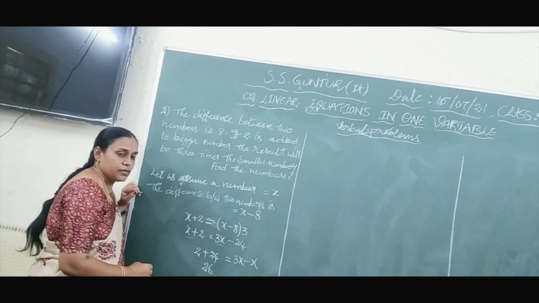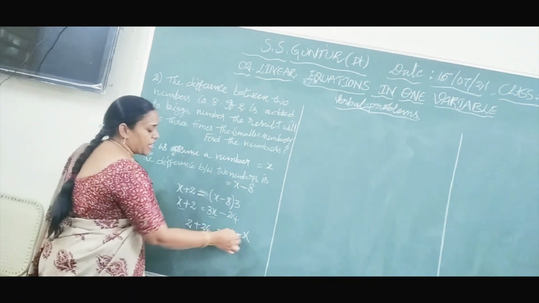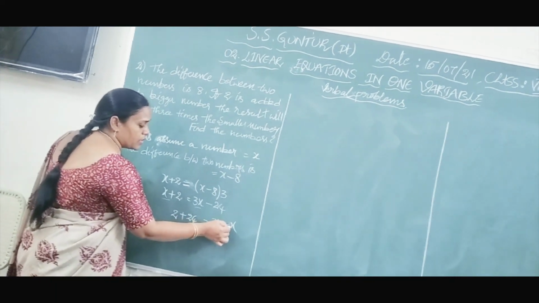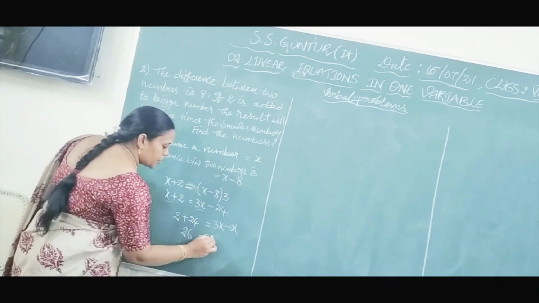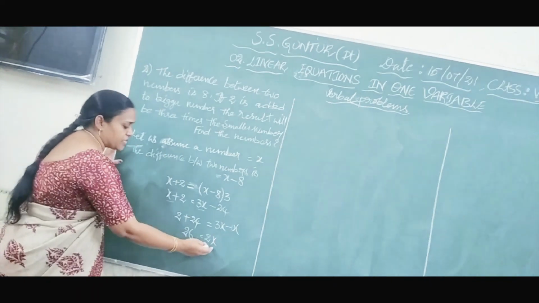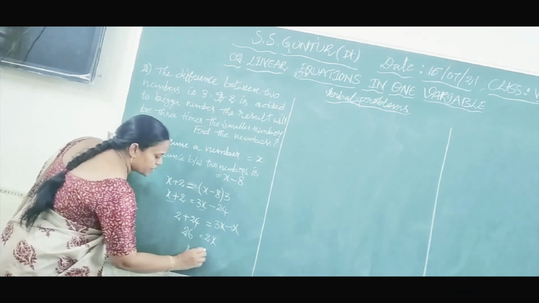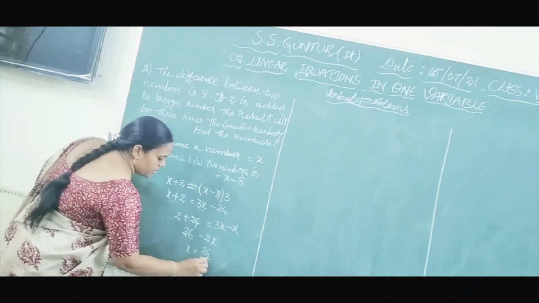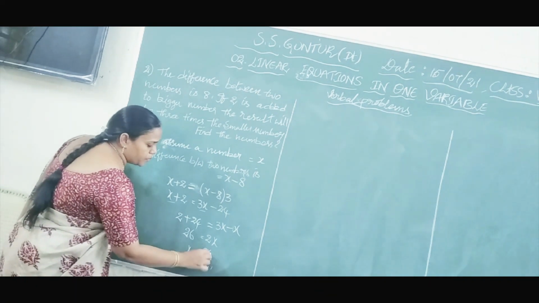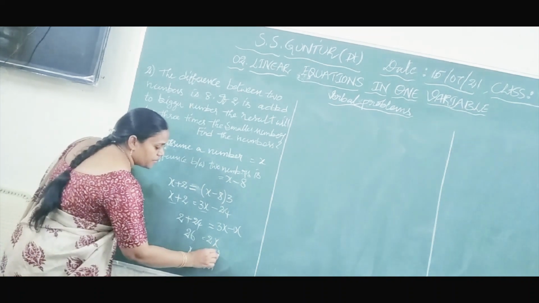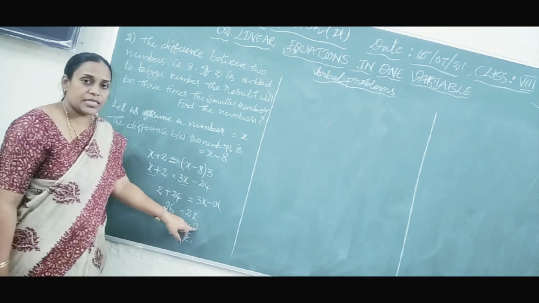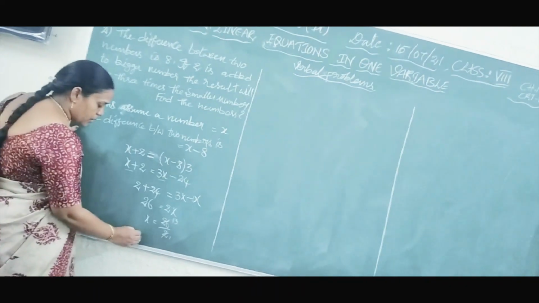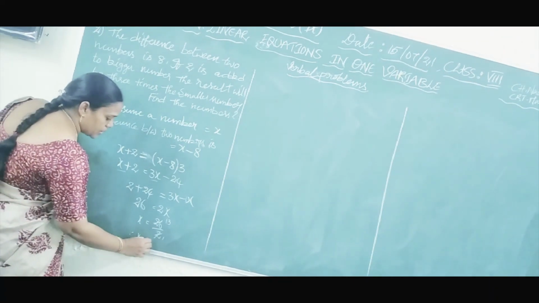So 3 minus 1, that is 2x. I want the x value. x is equal to 26 by 2, which is 13. Therefore, x is equal to 13.